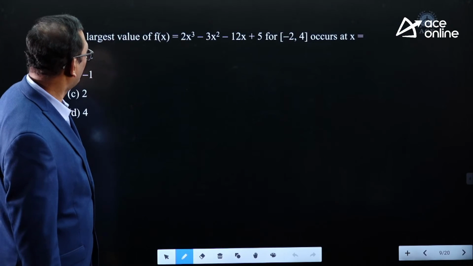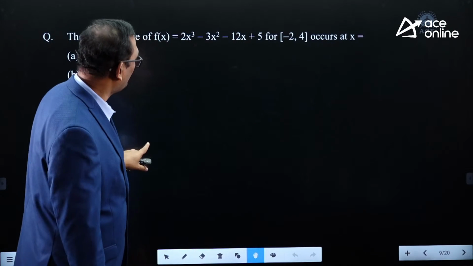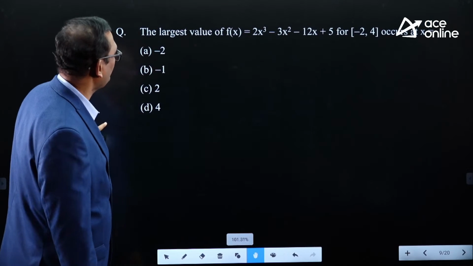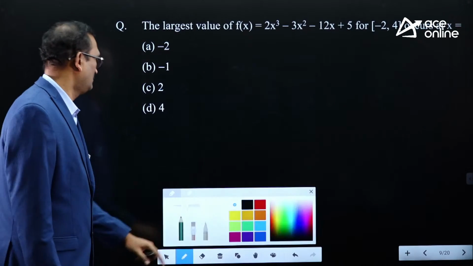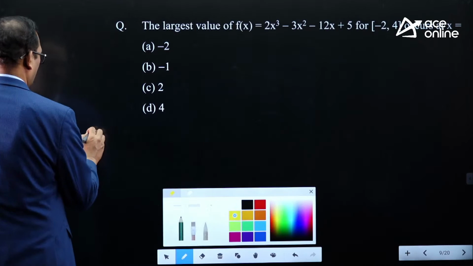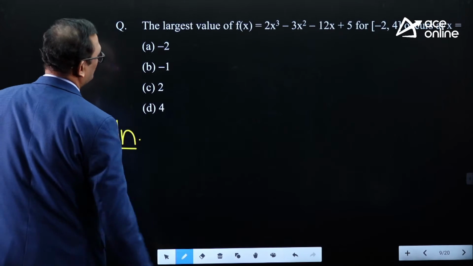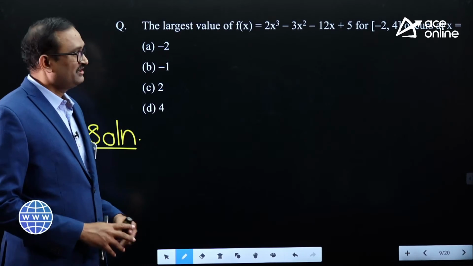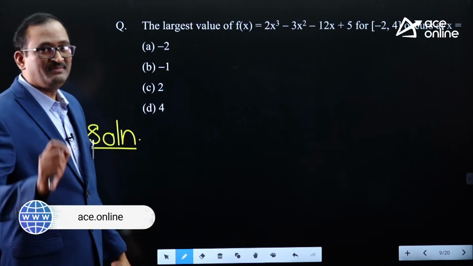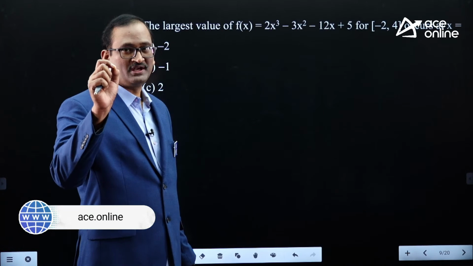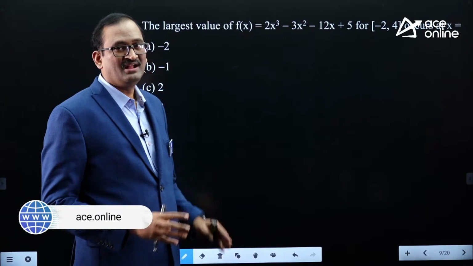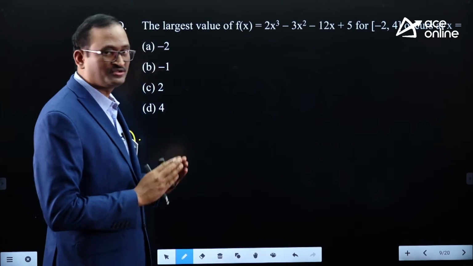Now, you look at this question, similar to the previous one only. This is also related to global maxima, global minima, because we were given the interval. Any maxima and minima problem related to an interval must be related to global maxima, global minima.